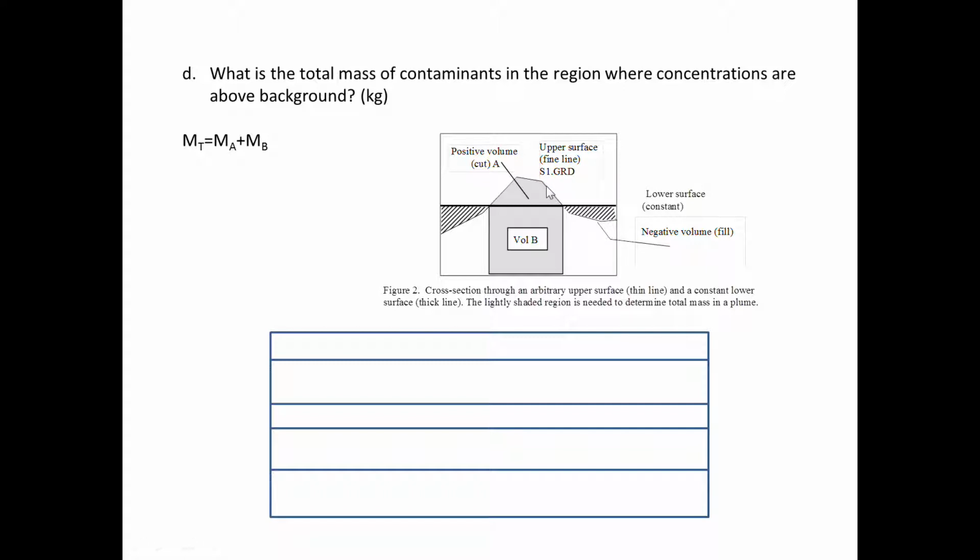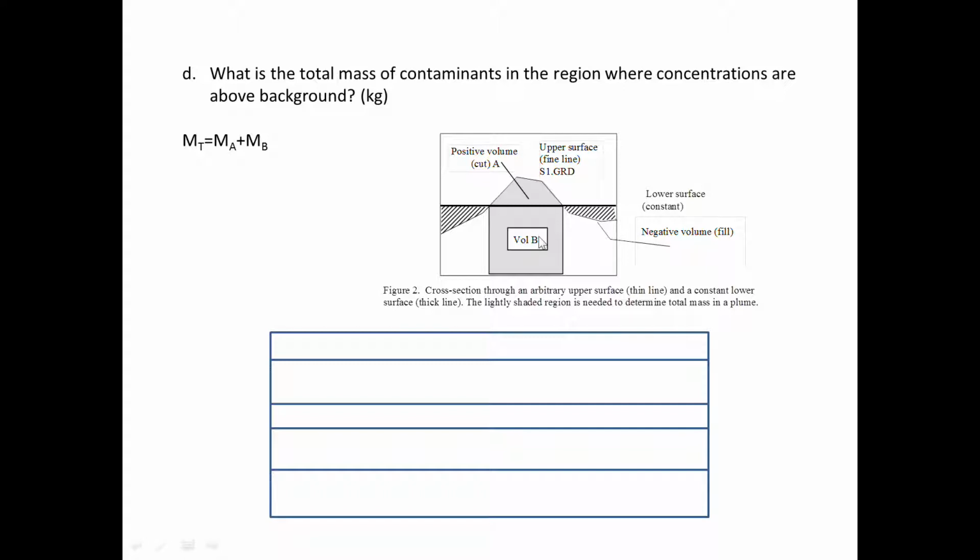And so what we need to determine the total mass is we need to get the region under here as well as this region here. So there are really two parts to this. We have to get the mass that's in this region, and basically you can think of this as the mass that we would remove to get the concentrations equal to 2,000 micrograms per liter in this whole region.